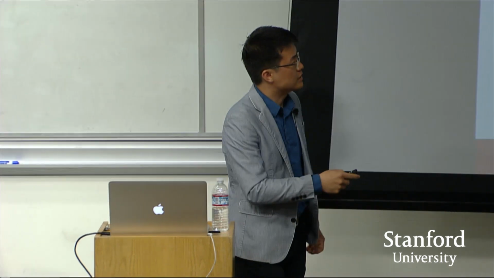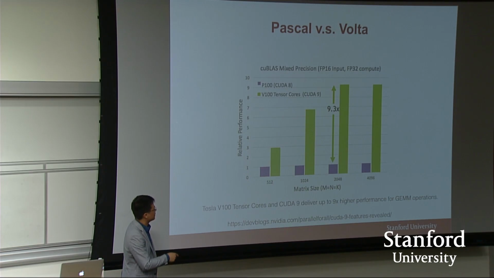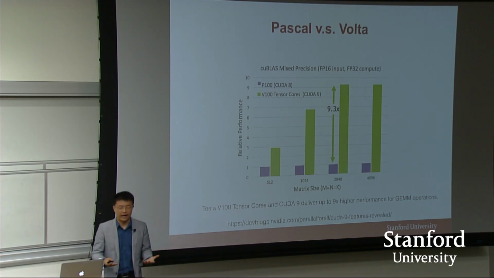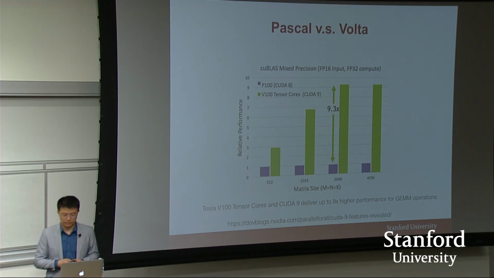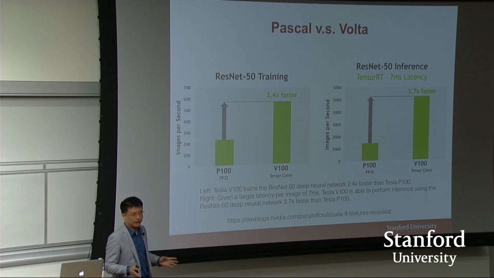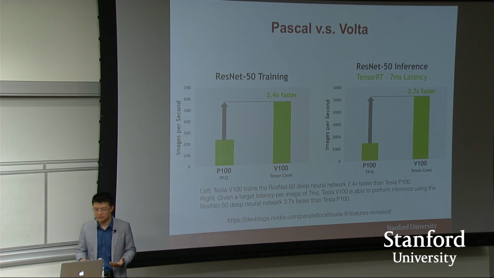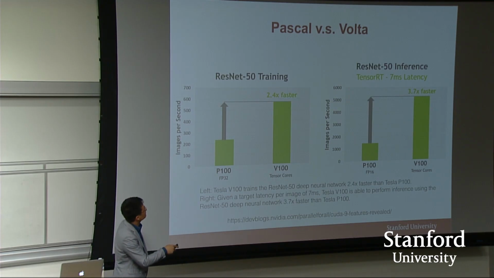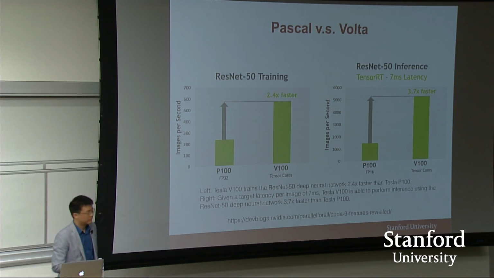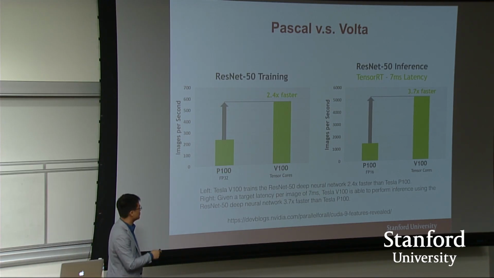So this is the result for matrix multiplication on different sizes. The speedup of Volta over Pascal is roughly 3x faster for these matrix multiplications. What we care about more is not only matrix multiplication, but actually running deep neural nets, both for training and for inference. For training a ResNet-50, by taking advantage of the Tensor Core in this V100, it is 2.4x faster than the P100 using FP32.